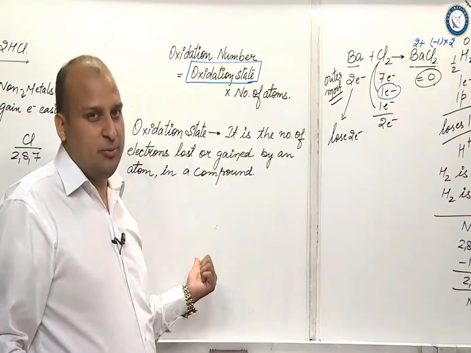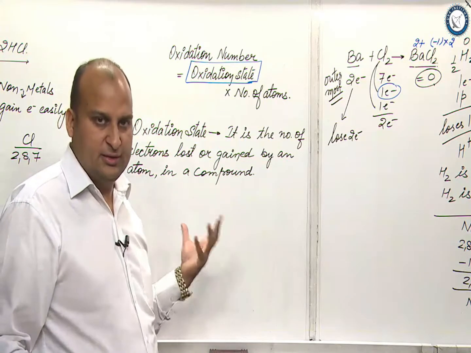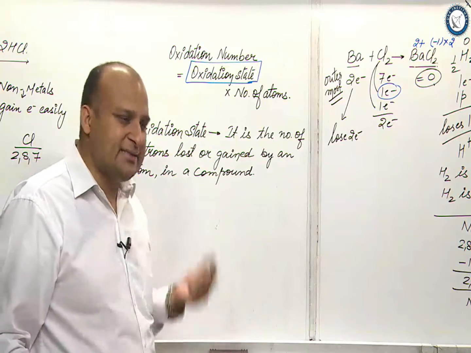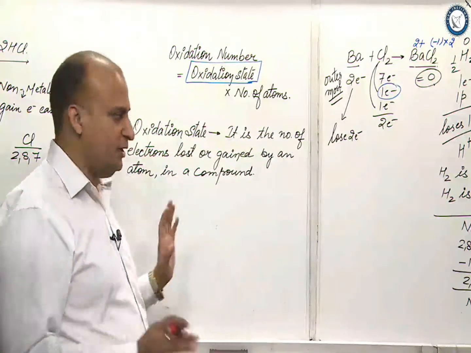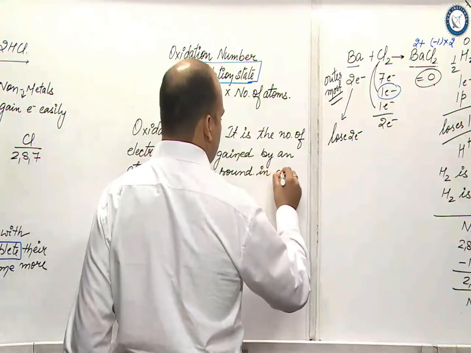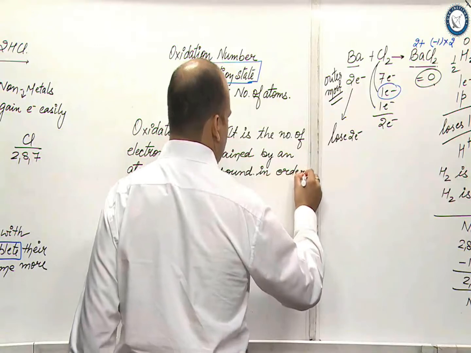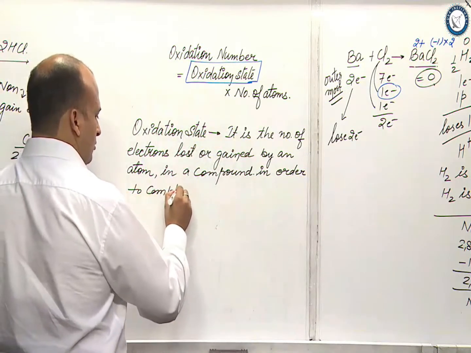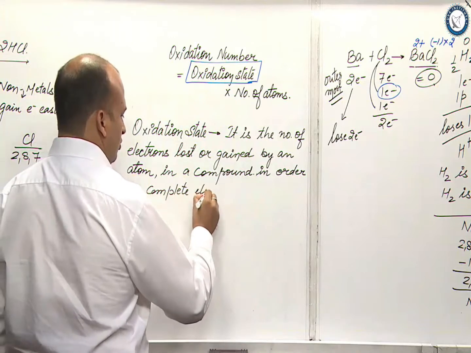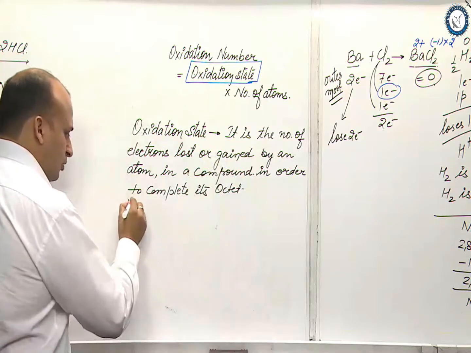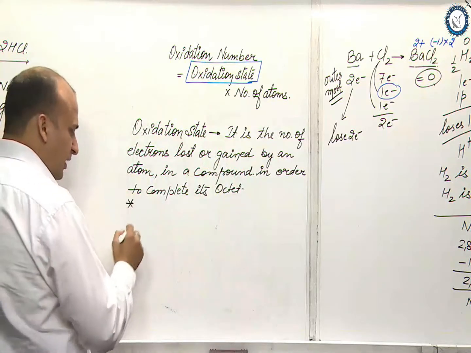It might try to complete its octet. The reason is that it is trying to complete its octet, but it is not necessary that it will complete its octet. Okay? So, in order to complete its octet, I am marking a star over here, asterisk, conditions apply.